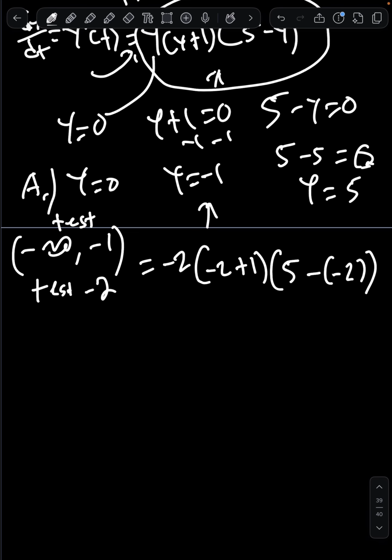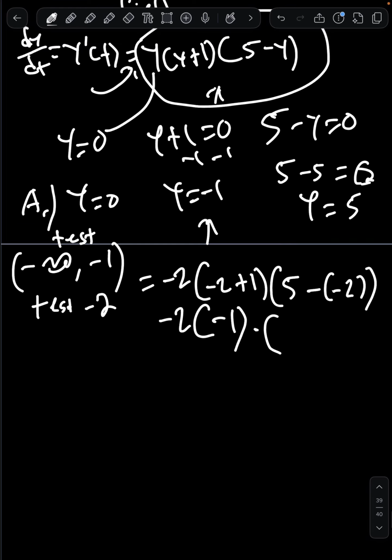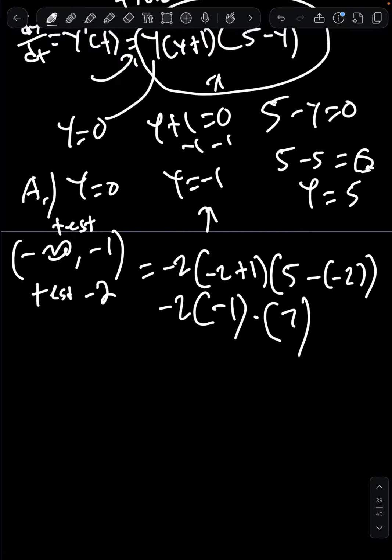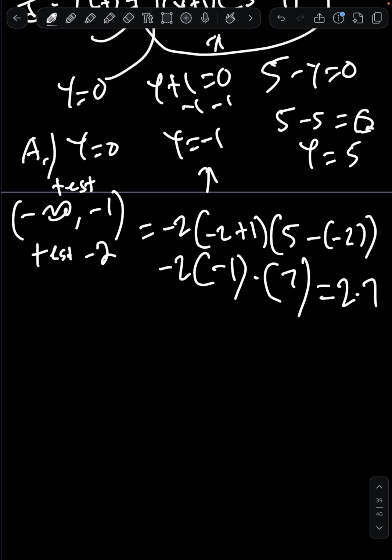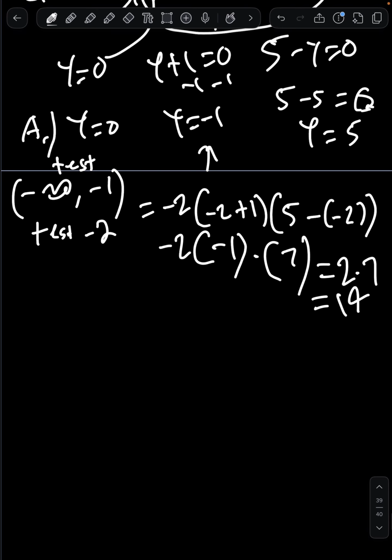So negative 2 plus 1 is just negative 1, times, what is 5 minus negative 2? That's 7. Negative times a negative is a positive, so that's going to give us 2 times 7, and that equals 14. Now, notice that the number is positive. So this means that the function is increasing in this interval.